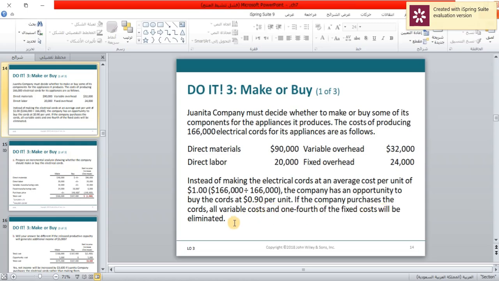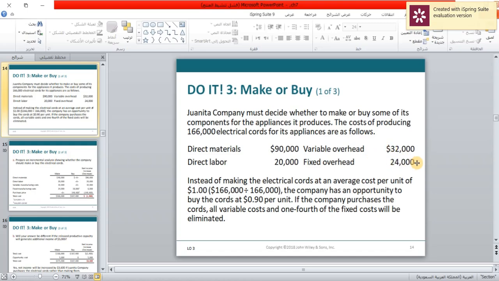If the company purchases the cars, all variable costs and 1/4 of the fixed cost will be eliminated. Now, if we purchase the cars from an outside supplier, the variable costs, which are direct material, direct labor, and variable overhead, will be eliminated.